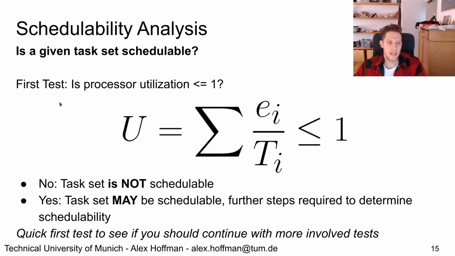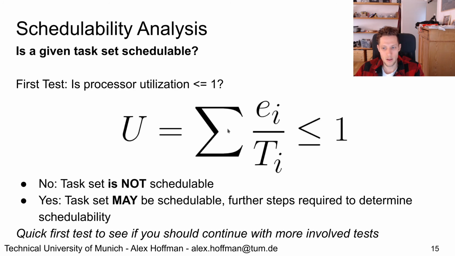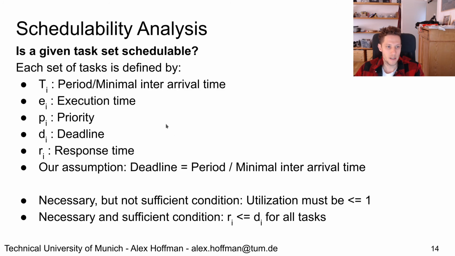Then our first test is: is the processor utilization less than 1? Meaning, are we exceeding the resources that we have available? This is quite simple. We take the sum over all tasks of the execution time, the amount of time it takes to actually execute on the processor, divided by its period.